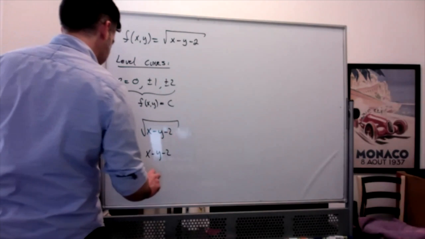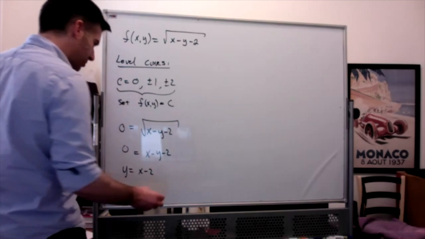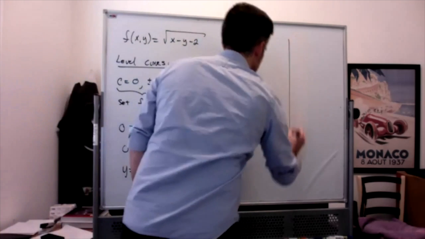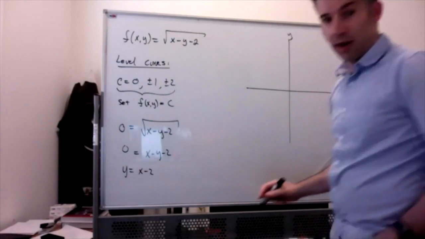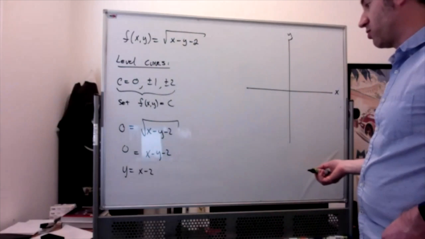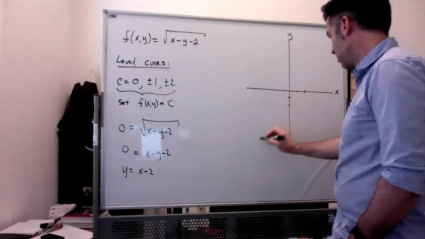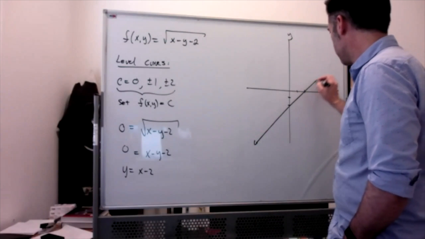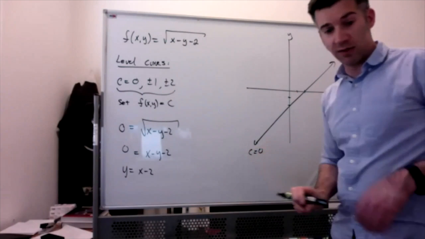And then I'm going to add y over here. I get y equals x minus 2. So on my xy plane, at elevation 0, I get y equal to x minus 2. So there's my level curve for c equal to 0.